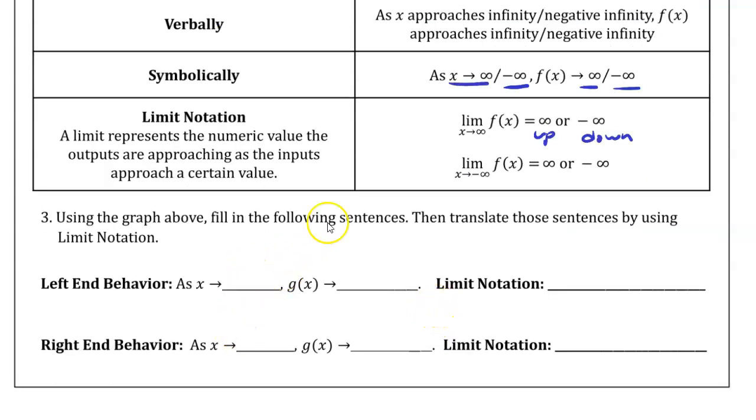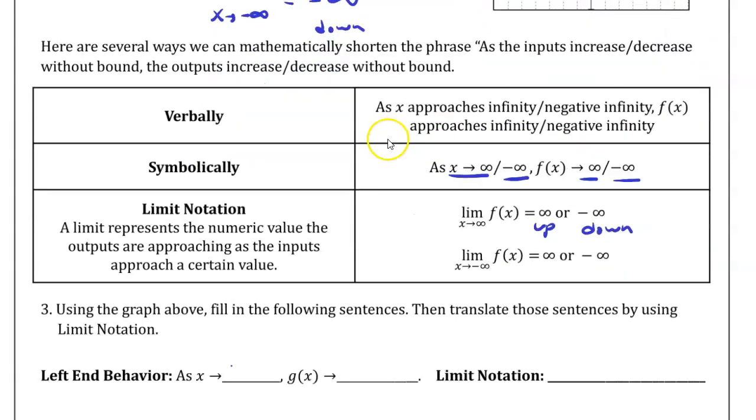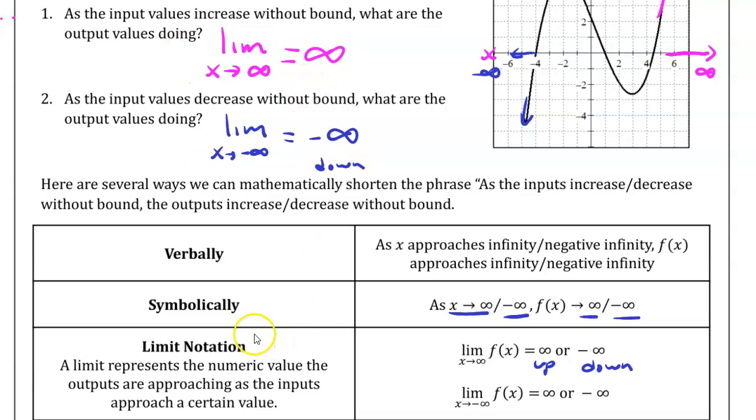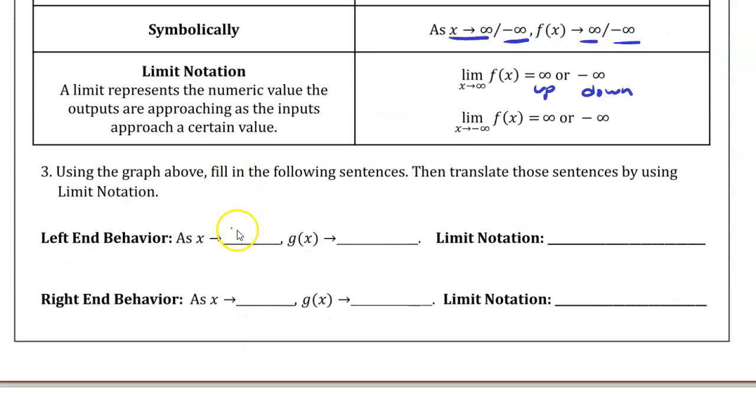Okay, and just to fill this up a little bit, for this particular function, we kind of already did it right here. We'd say as x approaches negative infinity, g of x goes towards negative infinity. How to write that out?